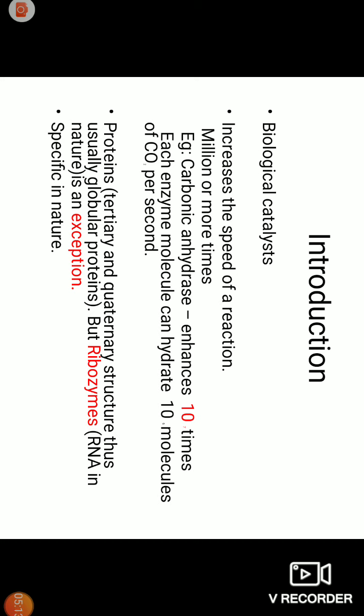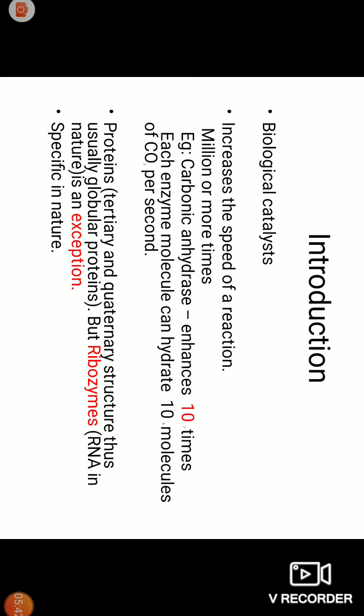A classical example of such an enzyme is carbonic anhydrase, which enhances the reaction around 10 raised to 7 times. So the reaction will occur at a very fast rate, that is 10 raised to 7 times faster than a non-catalyzed reaction.